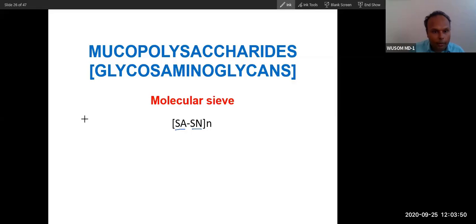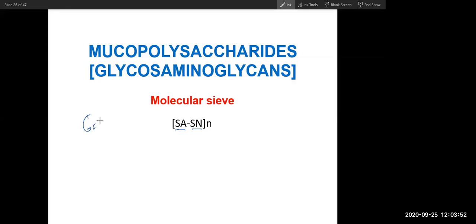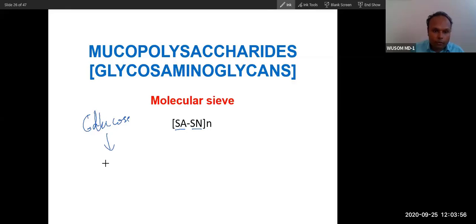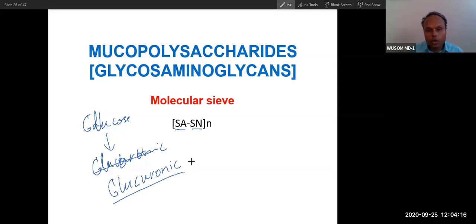The sugar acid is made from glucose and is called glucuronic acid. And this is glucosamine and galactosamine.